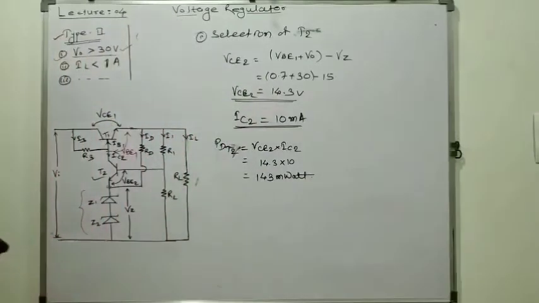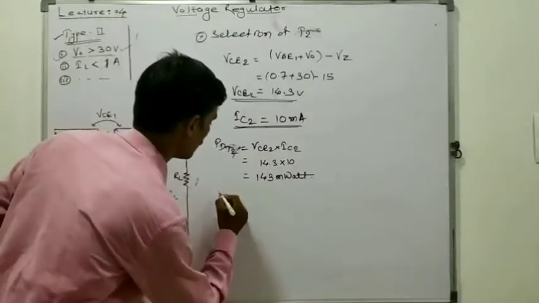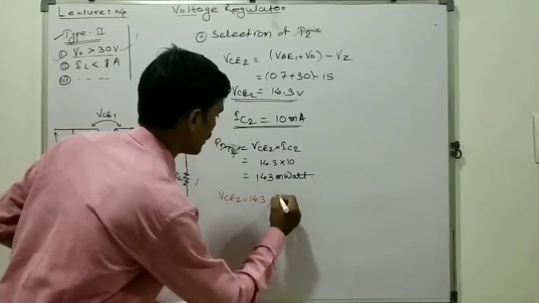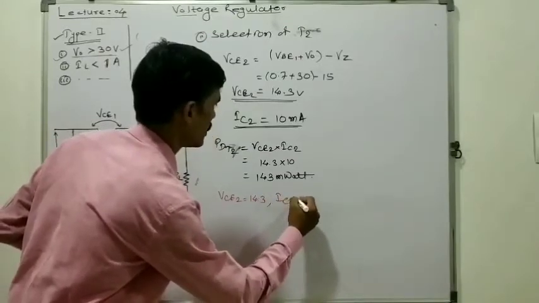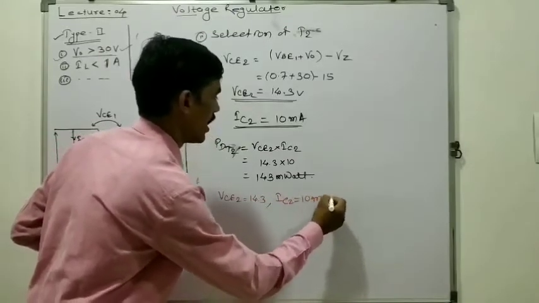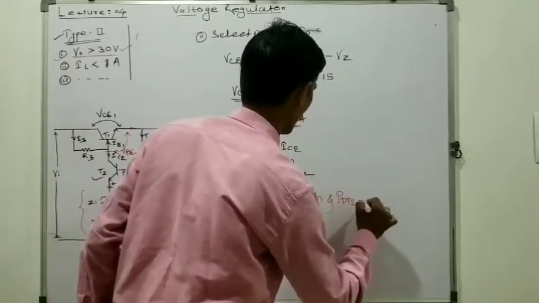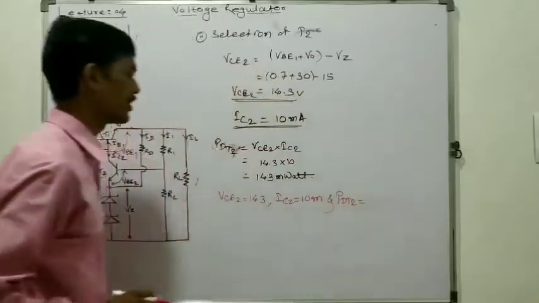So we have to select the transistor T2 with VCE2 equal to 14.3, IC2 equal to 10 milliampere, and power dissipation across transistor T2 equal to 143 milliwatt.